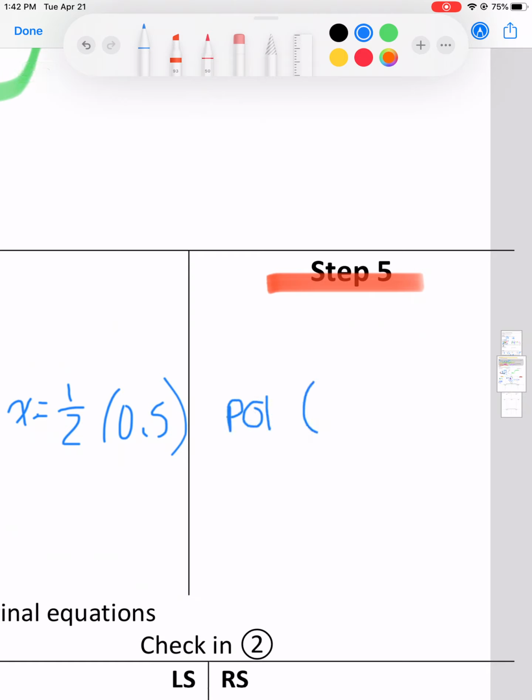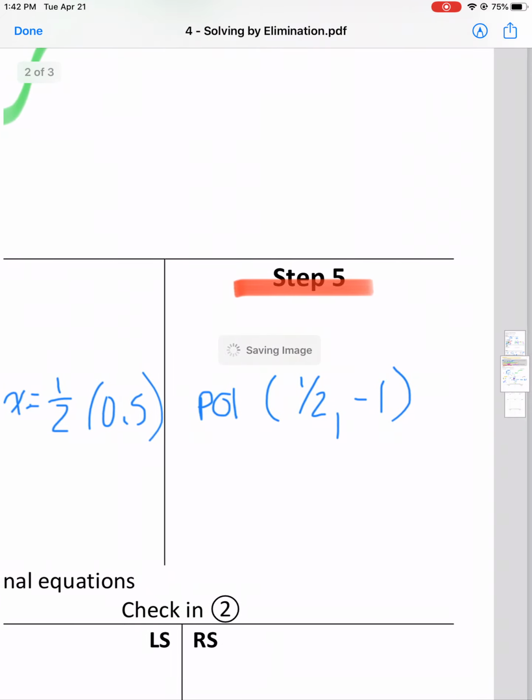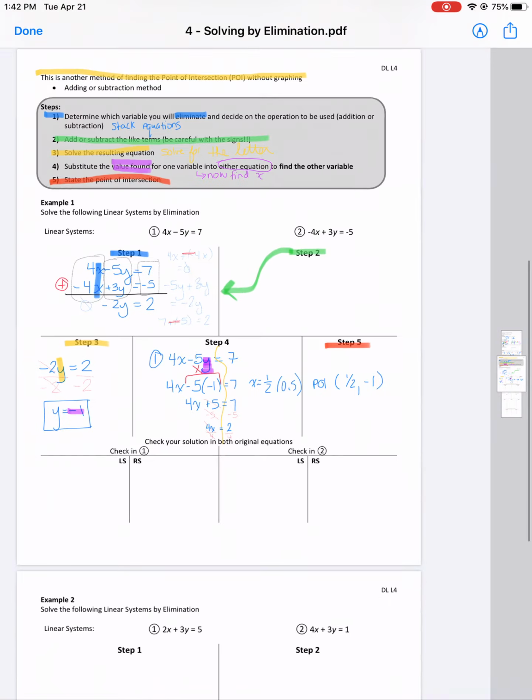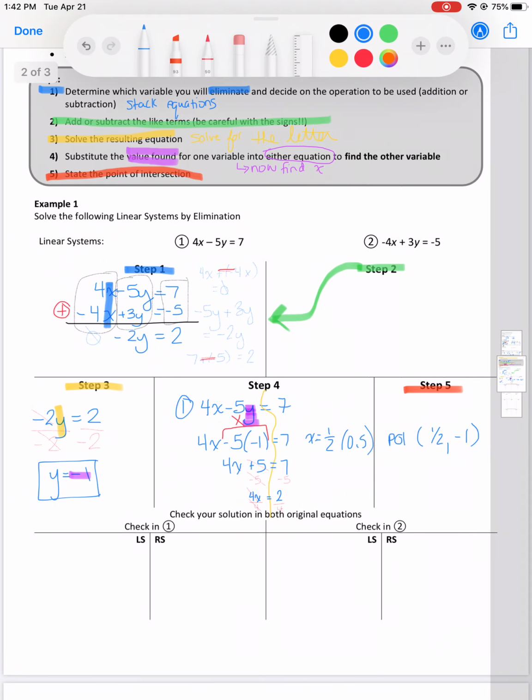X, remember x first, 1/2. What was my y? Negative 1. Okay. And that's it. So, instead of graphing, we algebraically found where this equation and this equation cross each other.